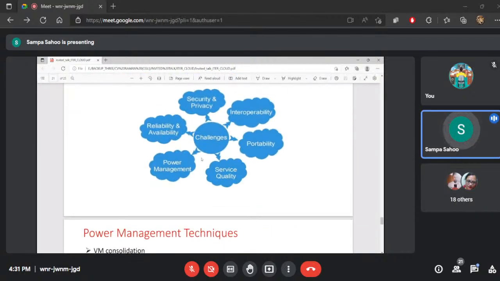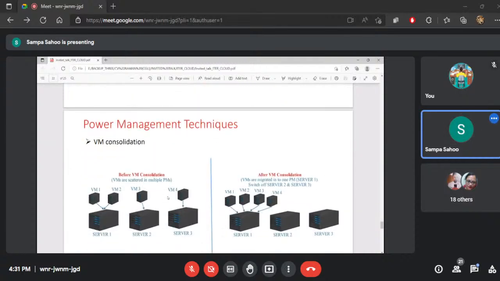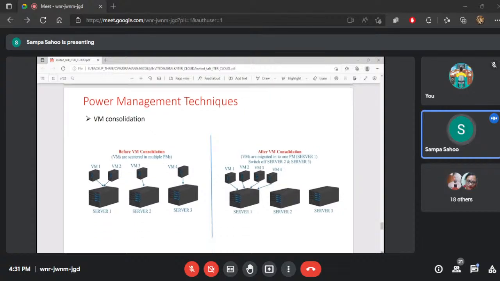Out of these challenges, I am discussing power management here. Power management, as I said, means the infrastructure used for the proper functioning of the cloud service. It needs power, and the power cost, or whatever power is required, should be minimized.